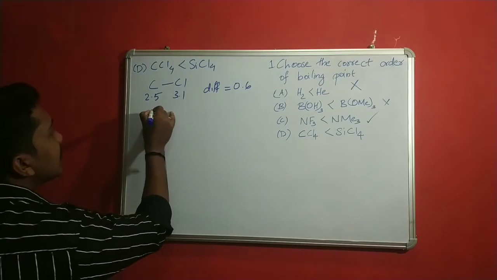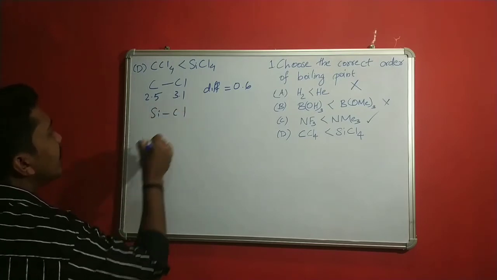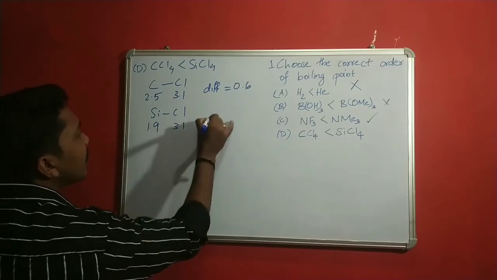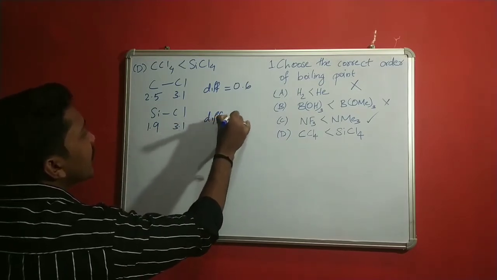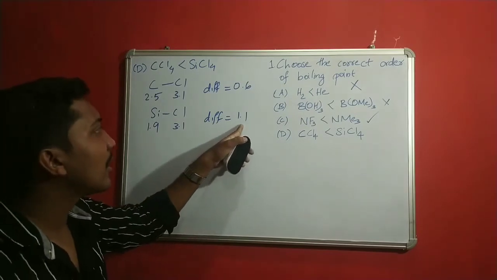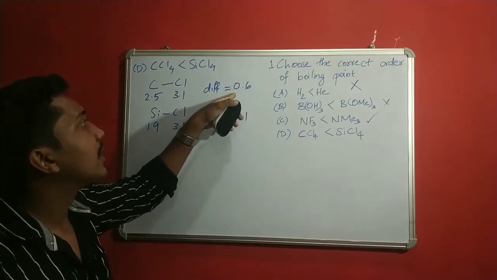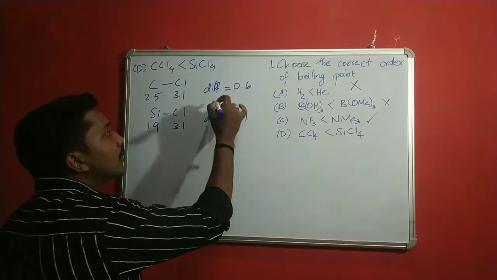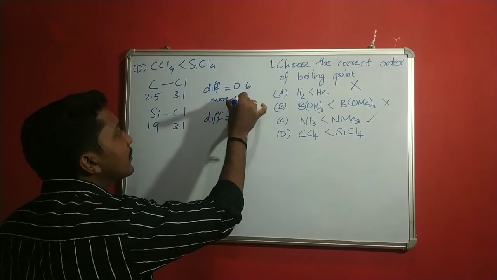In the case of silicon and chlorine, silicon has 1.9 and chlorine has 3.1. The difference is 1.1. So here the difference is a higher value and here the difference is a lower value. Lower value means more covalent.